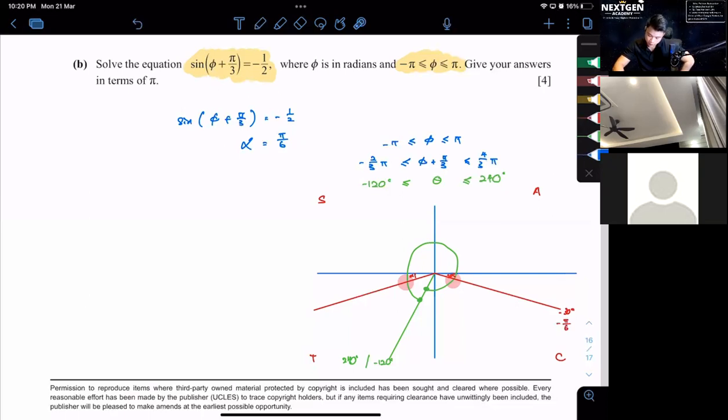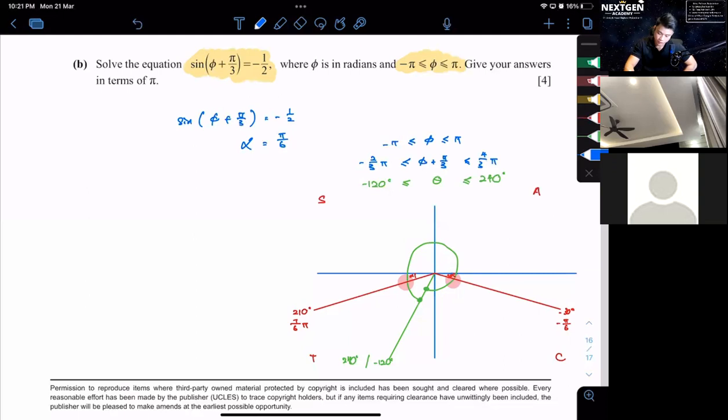Then the next one over here will be in the positive region already. So in a positive region, this will be 210 degrees, and this will be 7 over 6 pi. So this will be my value for phi plus pi over 3.